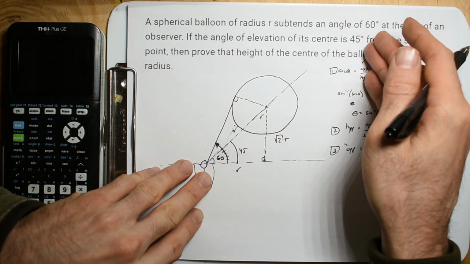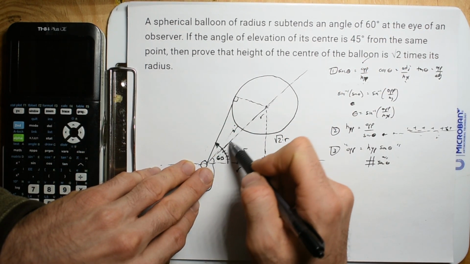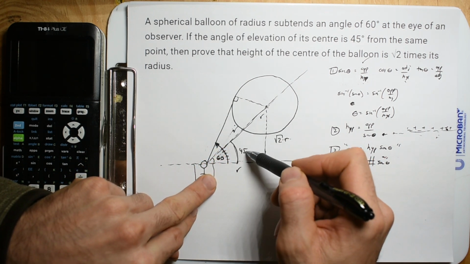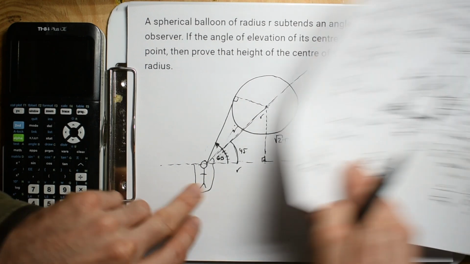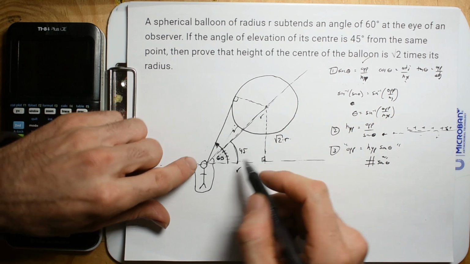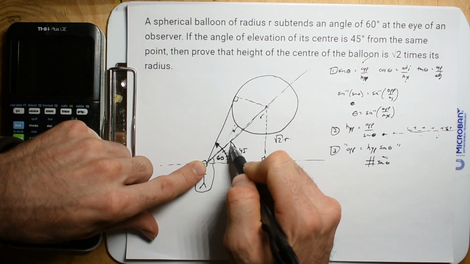But it's not representative of the problem. This angle right here is 45. So everything still applies, that this is going to be square root 2r divided by sine 45. And I don't think I messed up. Over here I had it as 45. It's just the third time drawing this picture. So there you go. This is 60 and this is 45.